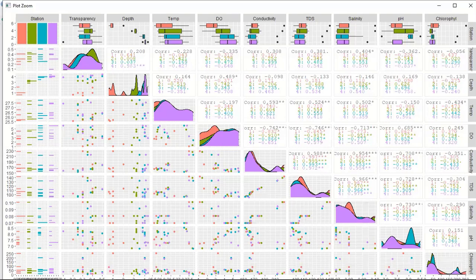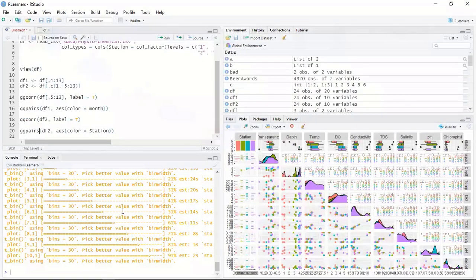So that's how you do a correlation matrix, where you want to know the correlation between any two of your variables, how they are correlated one with another. And you can check for each and every station, or you can check generally for all of the stations together.